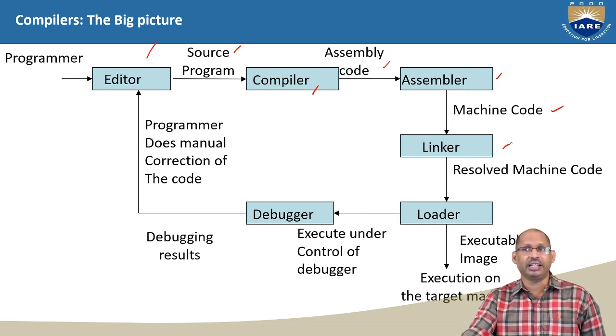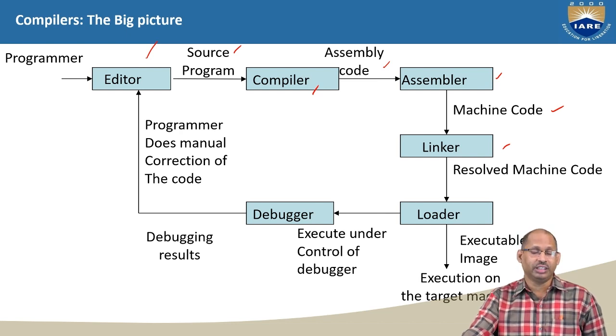The task of the linker is to connect the object code of the header files. If any other programs or files are included, it will include the object code of those programs and files.